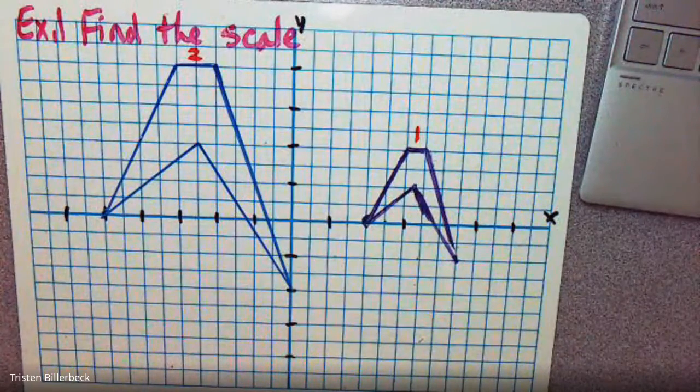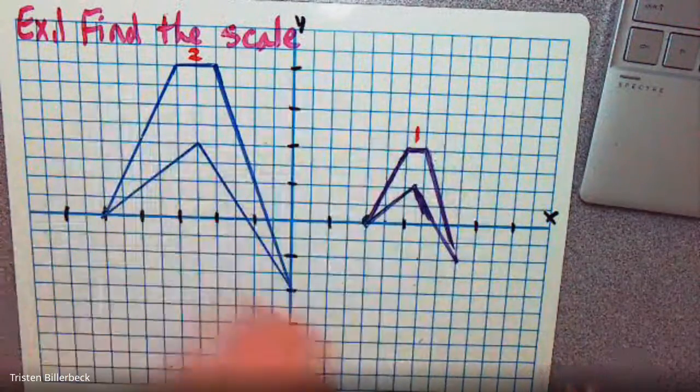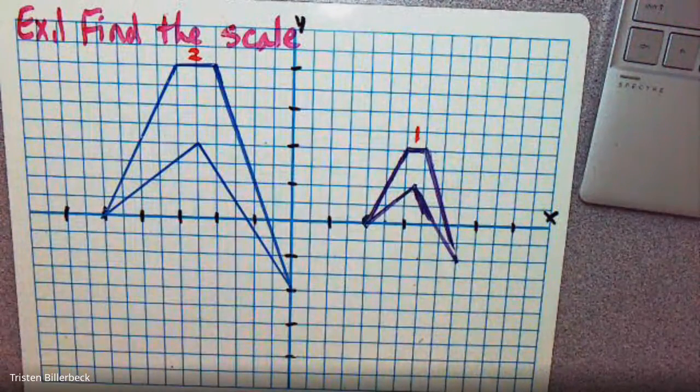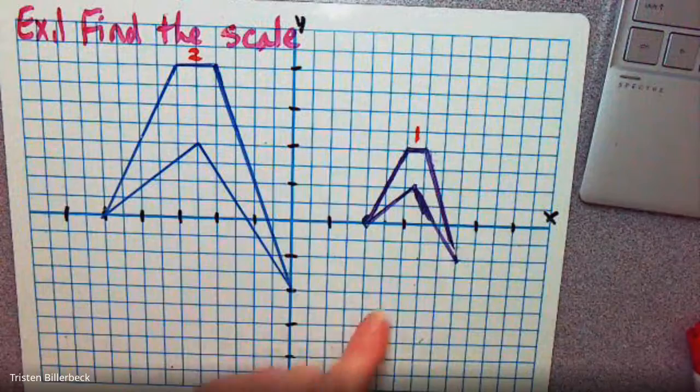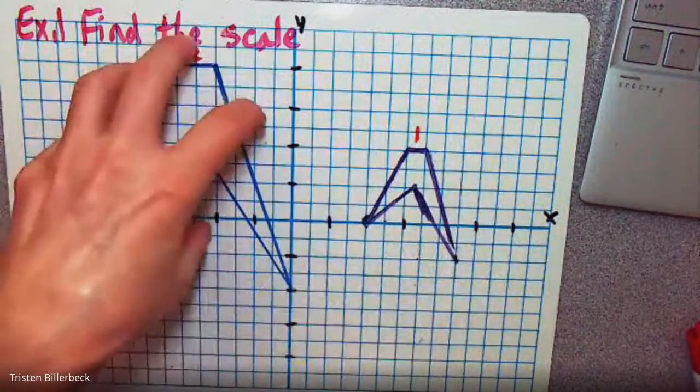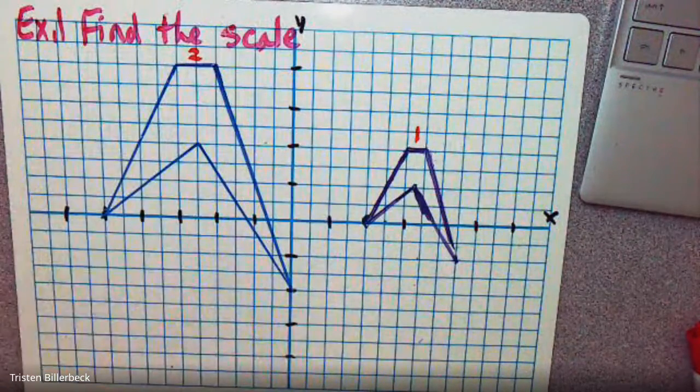So we could just say that's going to be a scale factor of 2. If we took this and used tracing paper, you would see that it'd probably line up pretty nicely as a scale of 1 to 2.